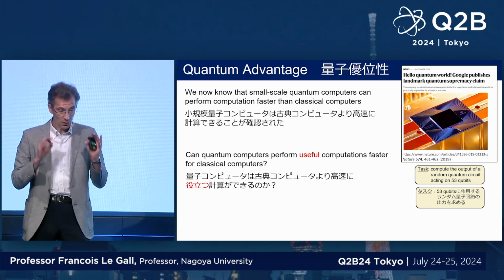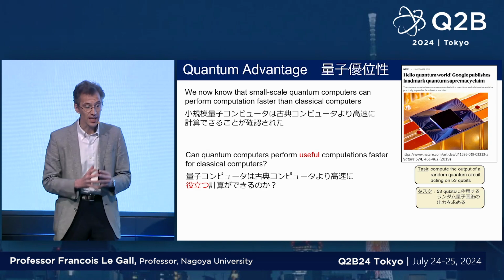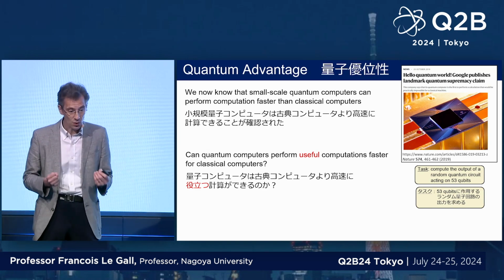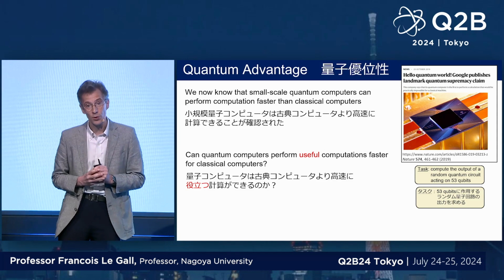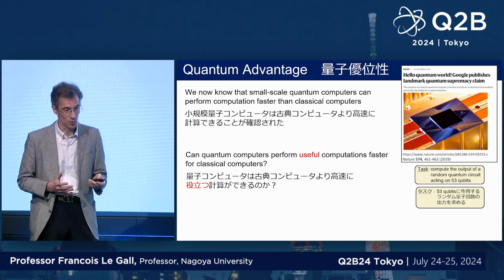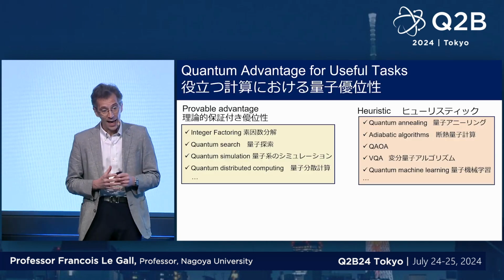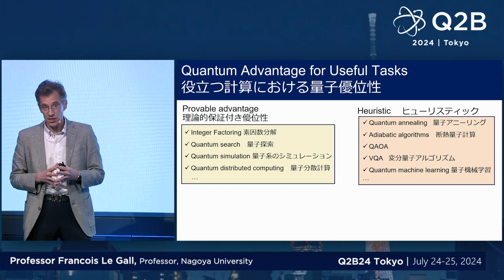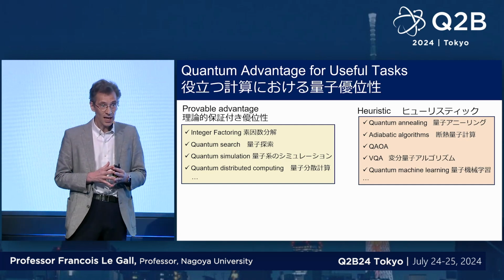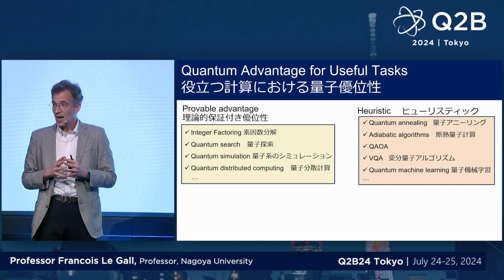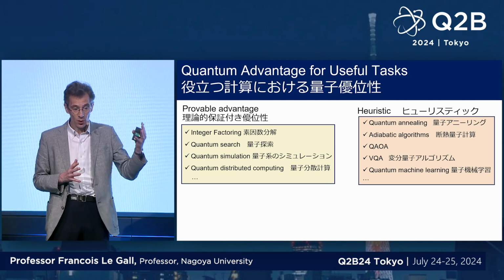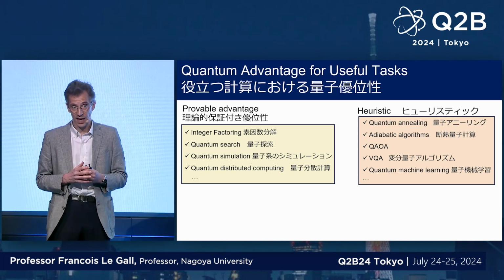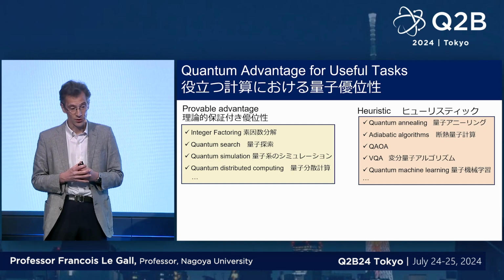And in this talk, I will focus on understanding whether quantum computers can perform useful computation faster than classical computers. There are a lot of works in that direction, and they can be roughly divided in two categories. On the left, quantum algorithms with provable advantage over classical computers.